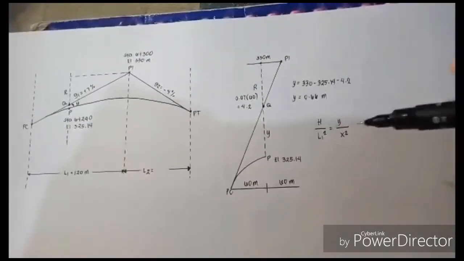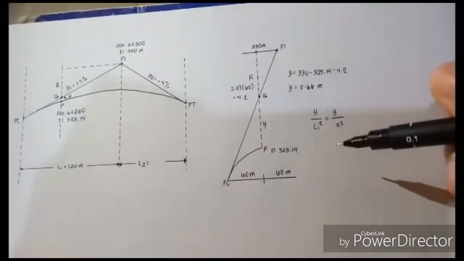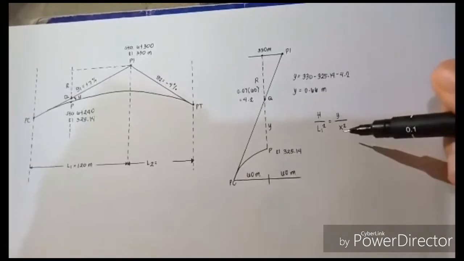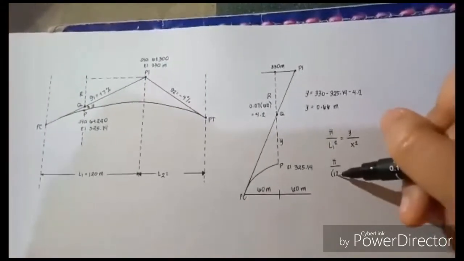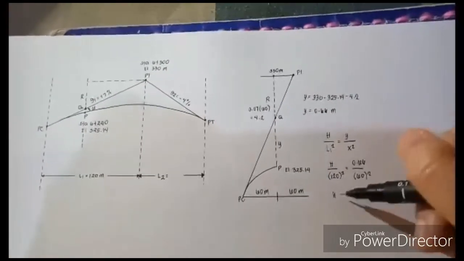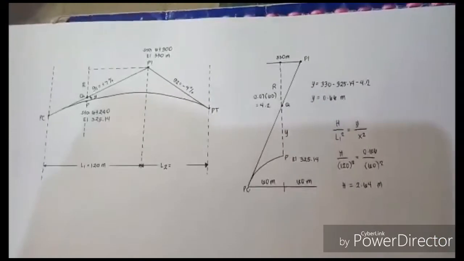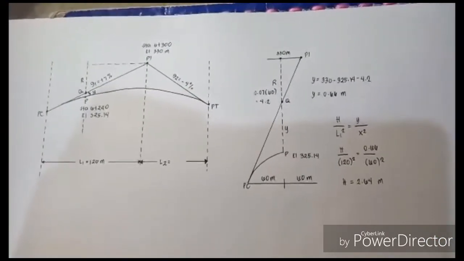Next is to get or solve the value of H. So, we will use this formula and substitute the given values. We now have the value of H, which is 2.64 meters.